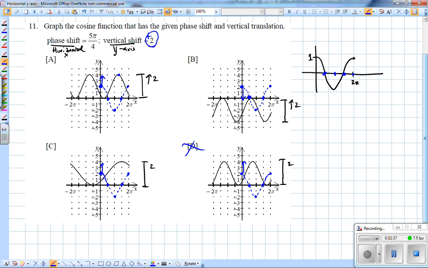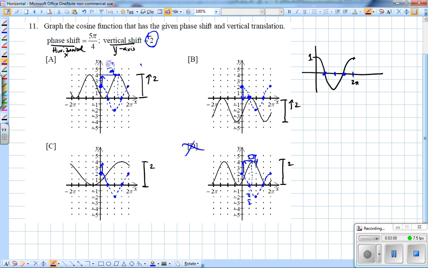I want this point to end up over here. So I have to determine, is this 5 pi over 4? Just remember that at this marker right here, we're close to pi over 2.